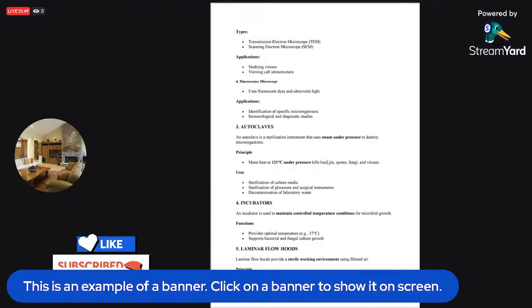But if the water is put under high pressure, it can reach 121 degrees centigrade, and at that temperature most microorganisms will not survive. That's the principle by which the autoclave works.